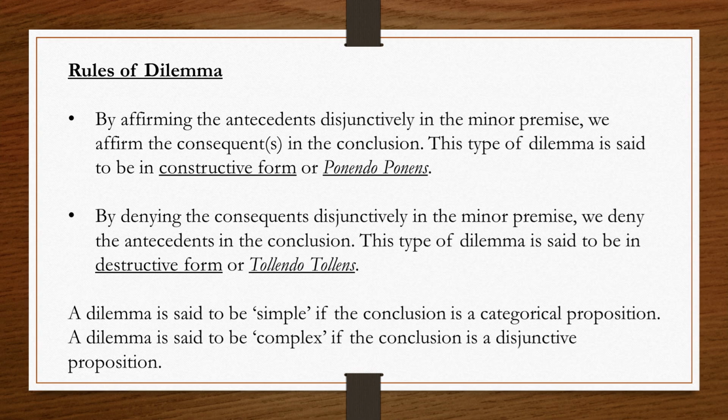The difference is that in the hypothetical categorical syllogism there is only one antecedent and one consequent, but in dilemma you have two antecedents and two consequents, because the major premise is a compound hypothetical proposition.